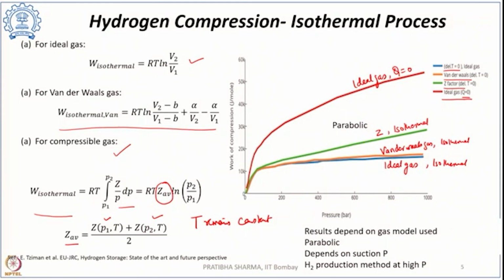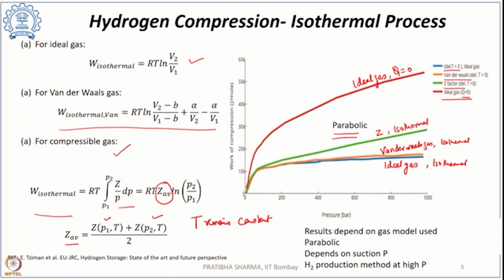Now the important thing to be noted here, other than the effect of the gas model used, is that the curve is not linear. It shows a parabolic nature, and that is a very important consideration, because the variation of the work of compression with the delivery or discharge pressure is parabolic. That means it depends upon the suction pressure. How?